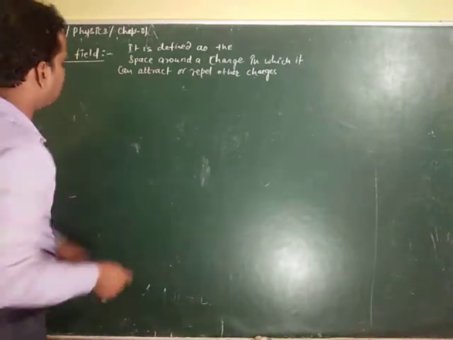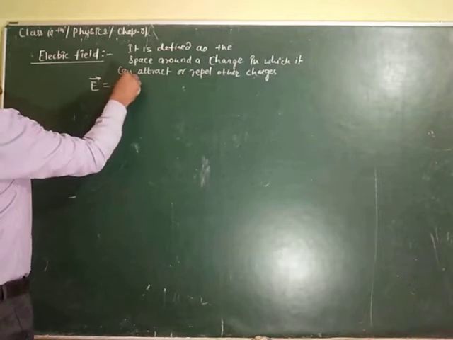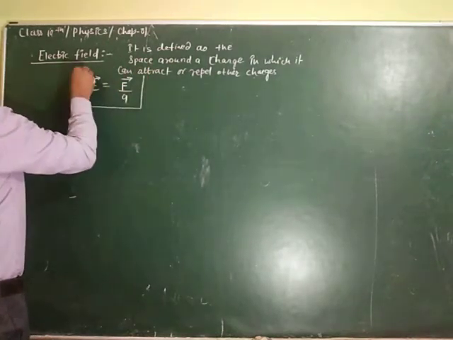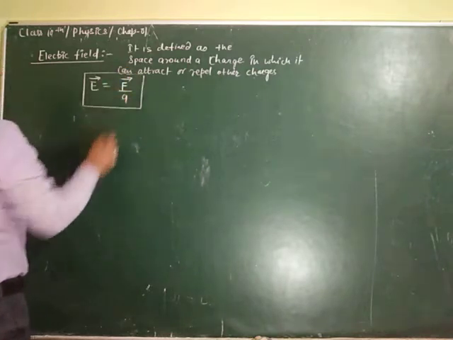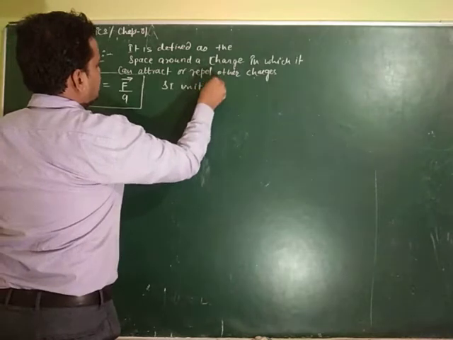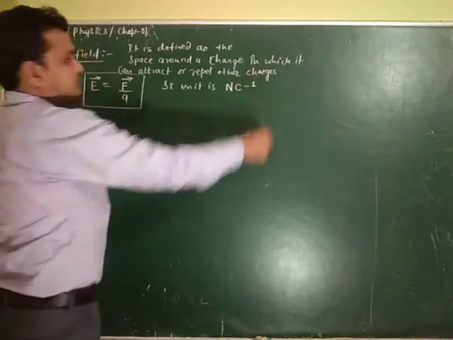The mathematical formula of electric field is equal to the force experienced by the charge. This is a vector quantity, that is why I am writing it in vector form. Its SI unit is Newton per Coulomb.